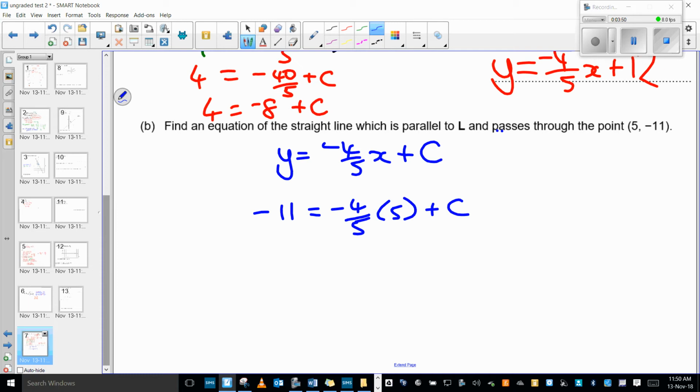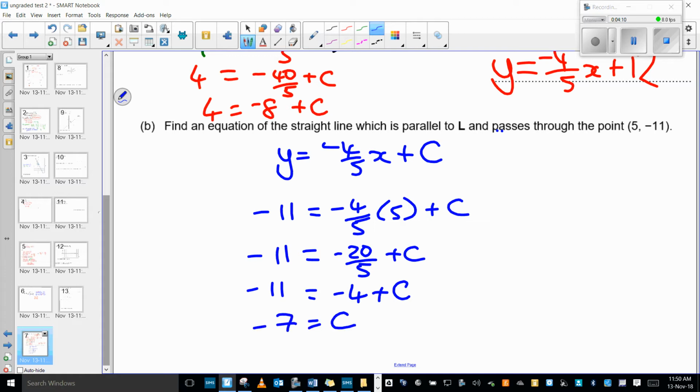Negative 4 multiplied by 5 is negative 20, over 5 is 4. It's c on its own, we have to add 4 to both sides, so we get 7. Which means that our equation is now y = -4/5 x - 7.